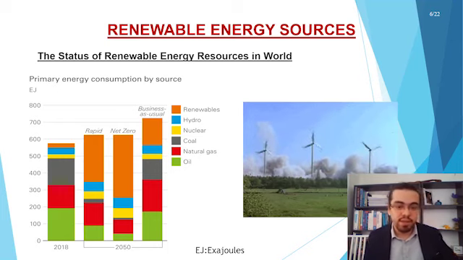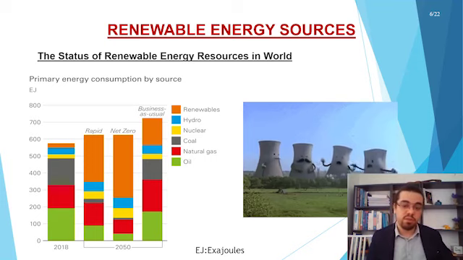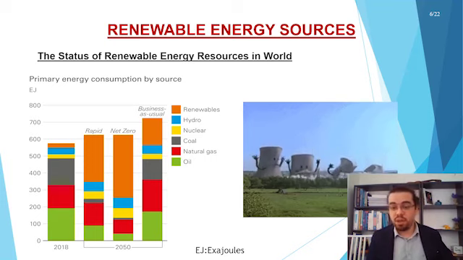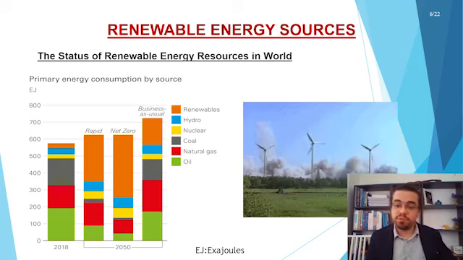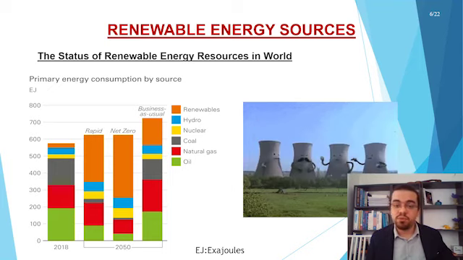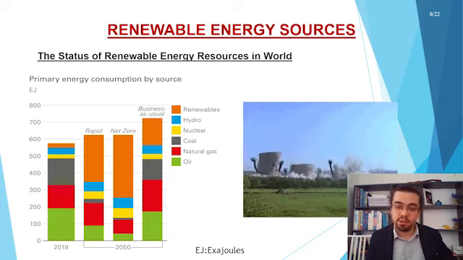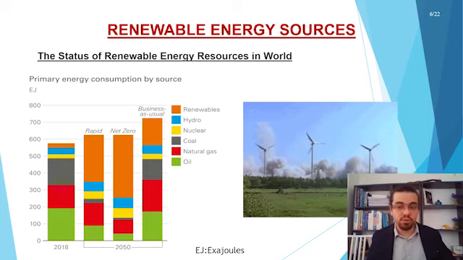In this scenario, it is aimed to reduce carbon emissions to zero by 2050. The common feature of the three scenarios is that the use of renewable energy sources will increase considerably until 2050. If you look at net zero, renewable energy sources must dominate the sector in order to reduce carbon emissions to zero.